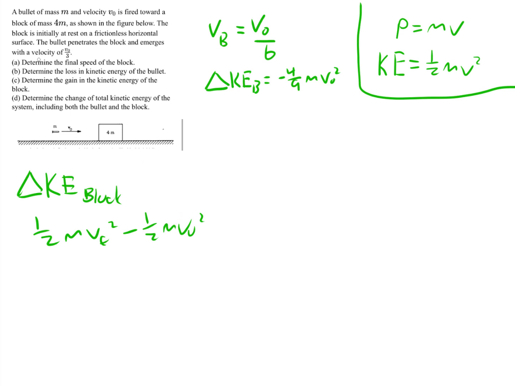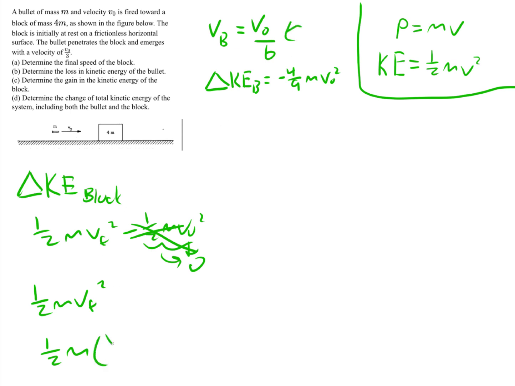Now the block says it's initially at rest, so in this case the velocity will be 0. And since everything multiplies together, this whole part of the equation simplifies to 0. So we can just omit this. So it's really just 1/2 times the mass times the final velocity of the block after it gets hit by the bullet. So you can calculate this by simply substituting its final velocity, which is this one.